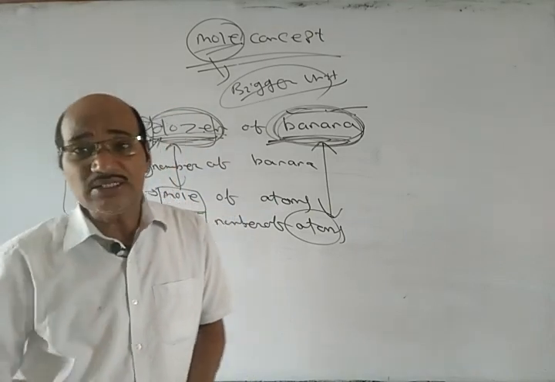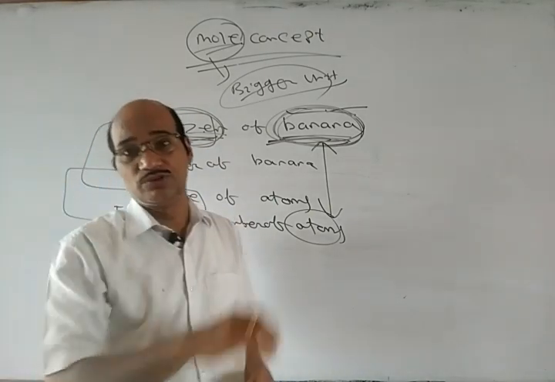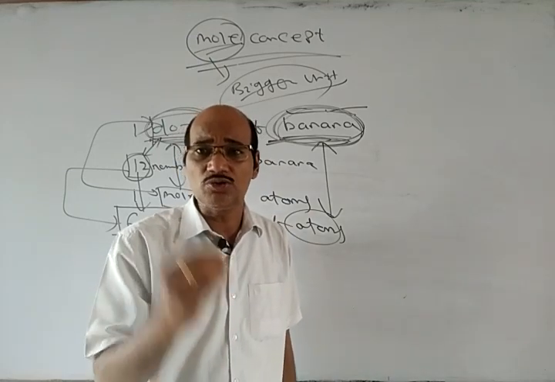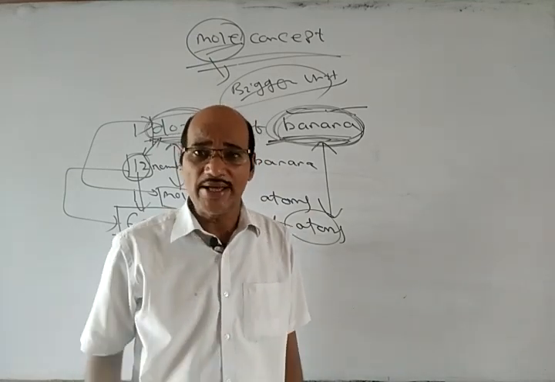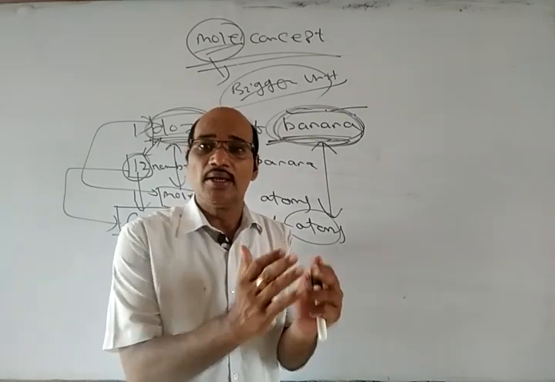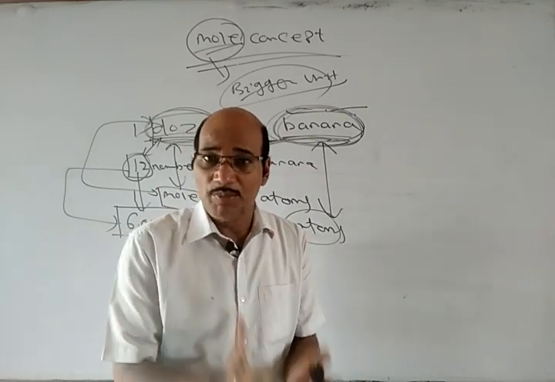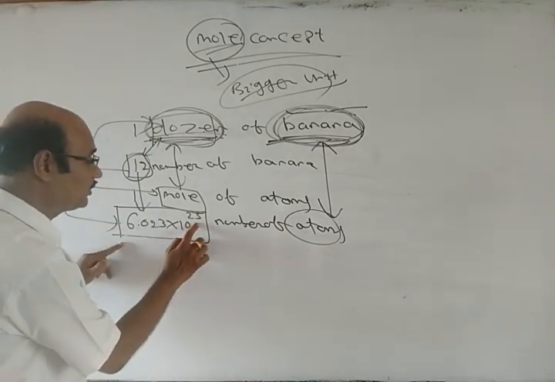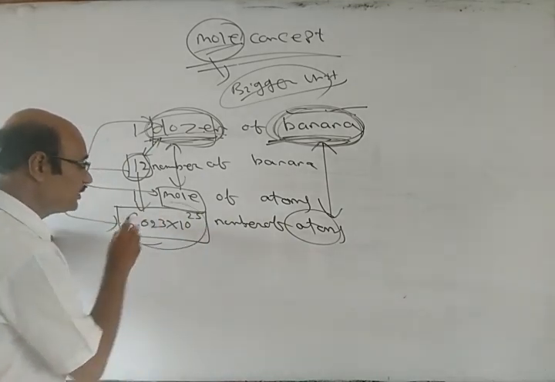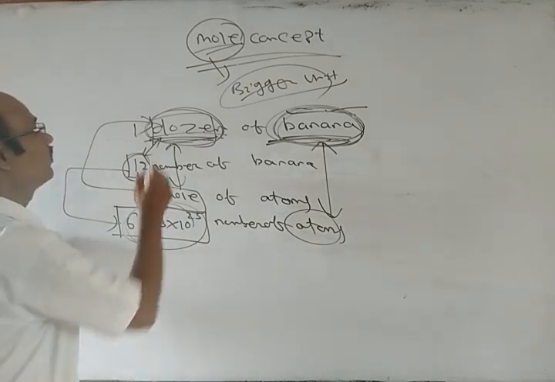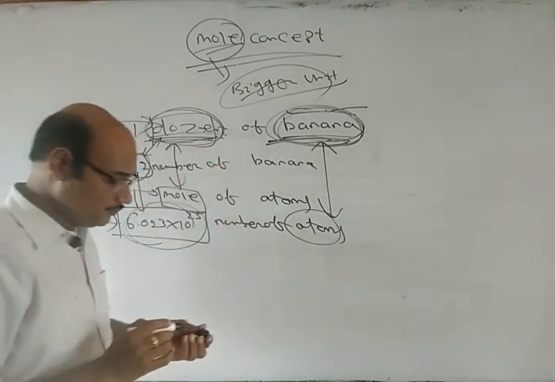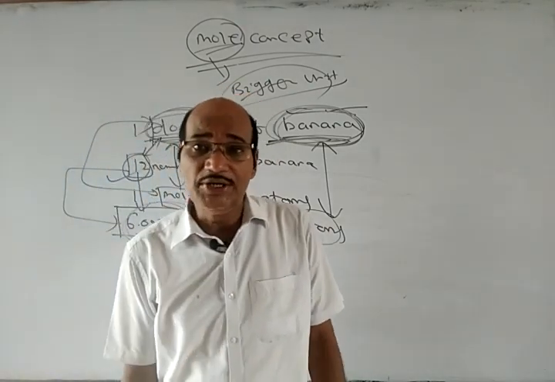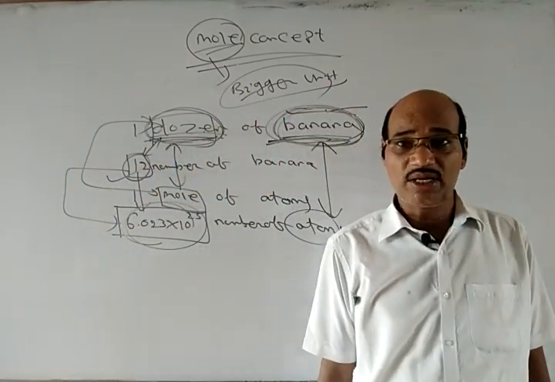Similarly, to represent microscopic particles which are very small, like electron, proton, neutron, atom, molecules, ions, we are using a bigger number, that is 6.023 into 10 power 23, and to represent this number we are using a terminology called what? Mole.